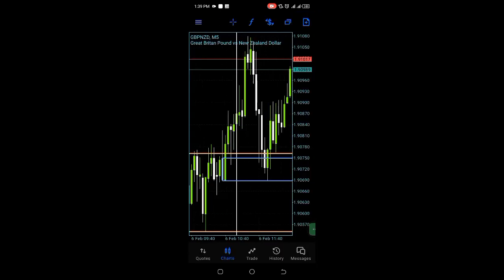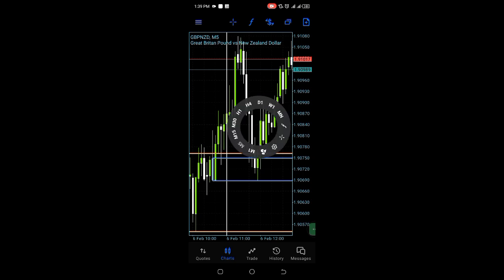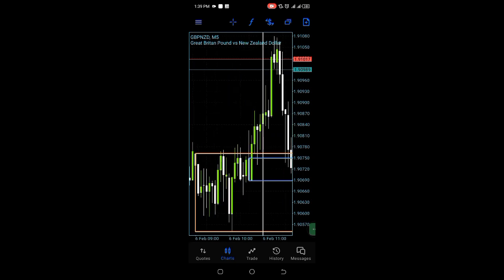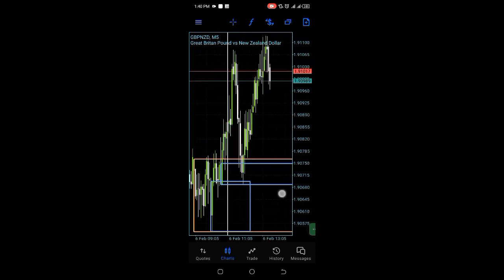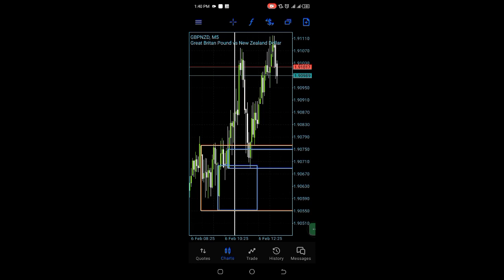Okay, and quickly you see price came back into that zone. Okay, let's see if we can identify another one. There's another one here, but this one is huge. Okay, you can see this one is huge here. Okay, and it got triggered actually. It got triggered here, but it's a huge one.